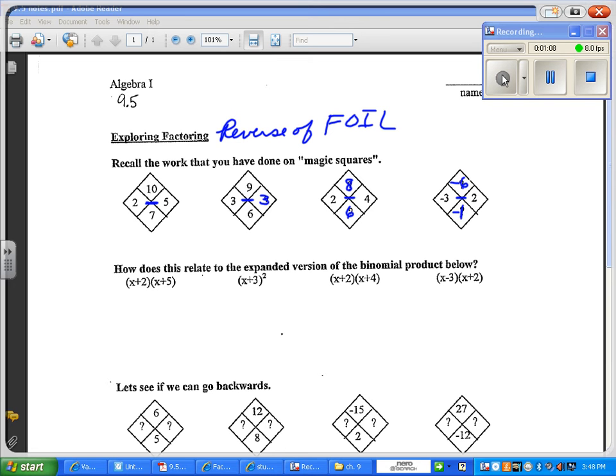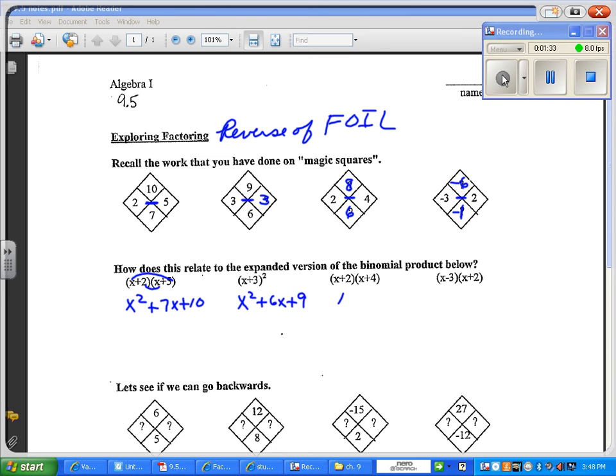Okay, how does this relate to these expanded versions of a binomial product? In other words, the trinomial that you get when you do FOIL. So if we FOIL these out, you're going to get x squared plus, now your outers and your inners will add up to 7x, then plus 10. And if I do this one shortcut-wise, we get x squared plus 6x plus 9.